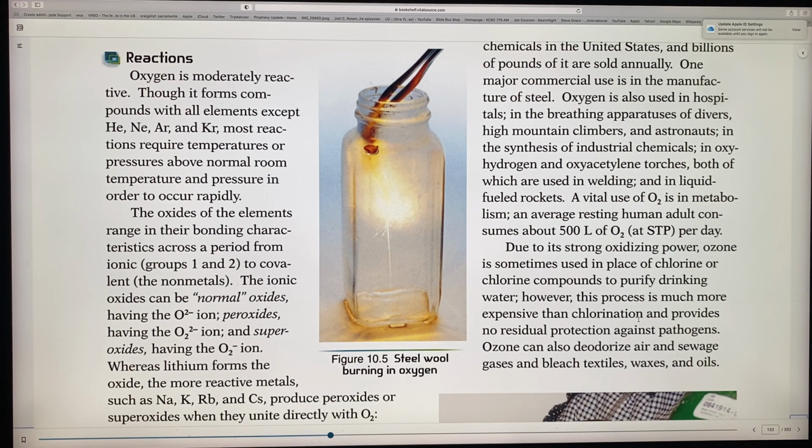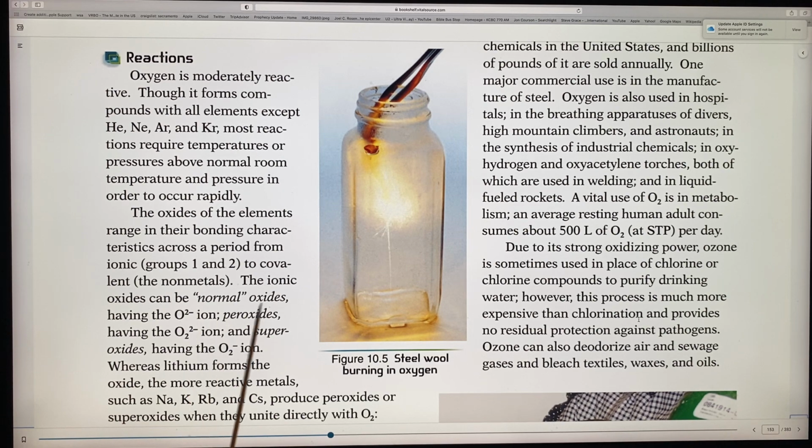So on oxides, we have normal oxides having O with 2 negative ions, peroxides having O2 with 2 negative charges, and superoxides having O2 with 1 negative charge.